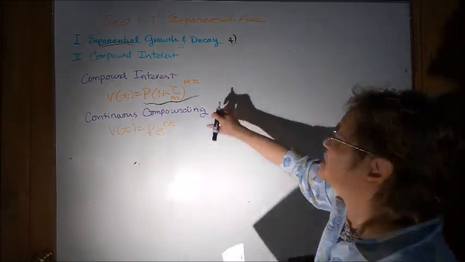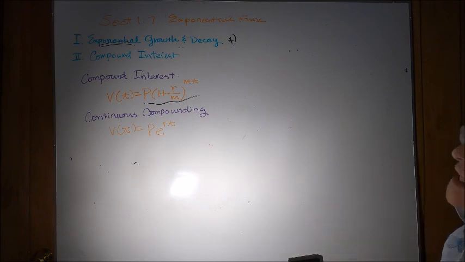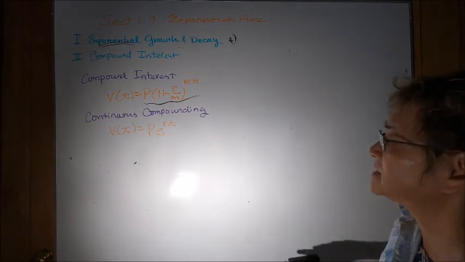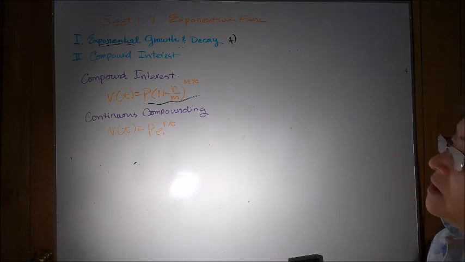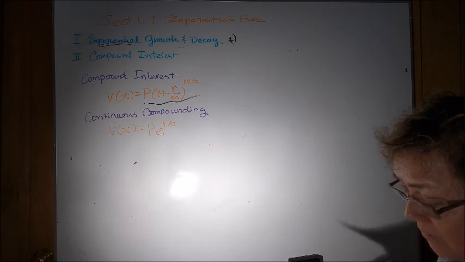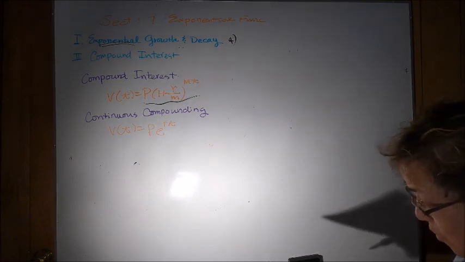So we do the same thing for growth and decay. The only difference is the rate. If it's positive, you have growth. If it's negative, it will be what? Decay, right?